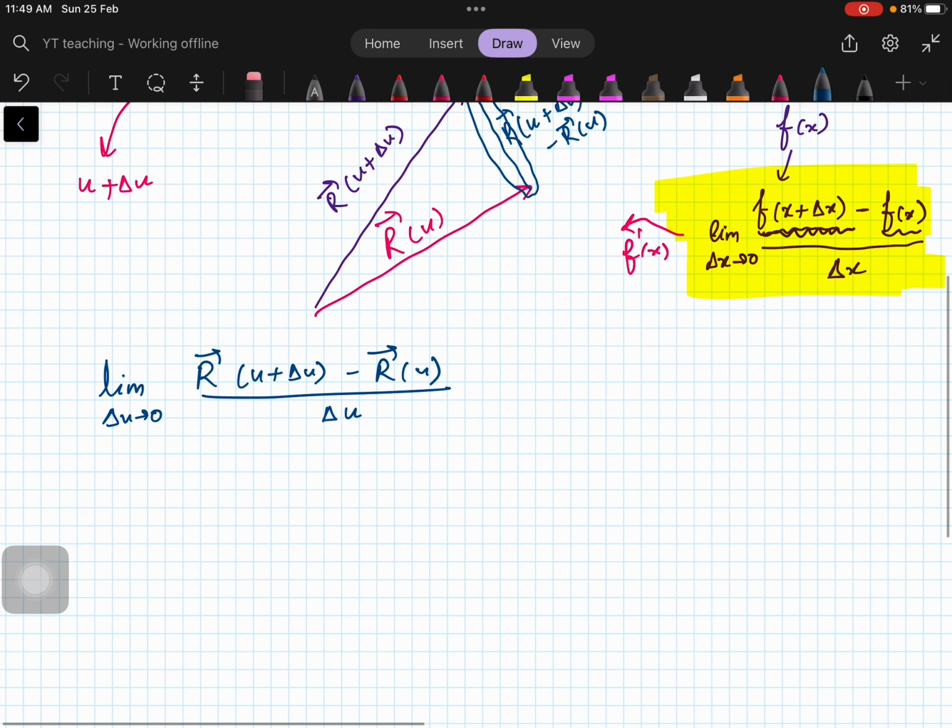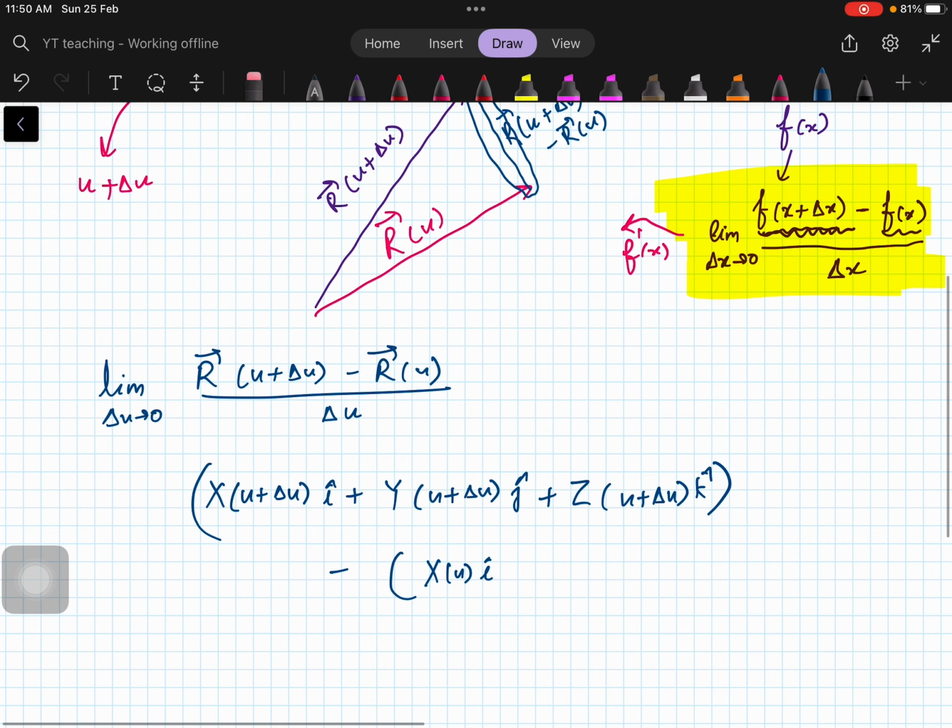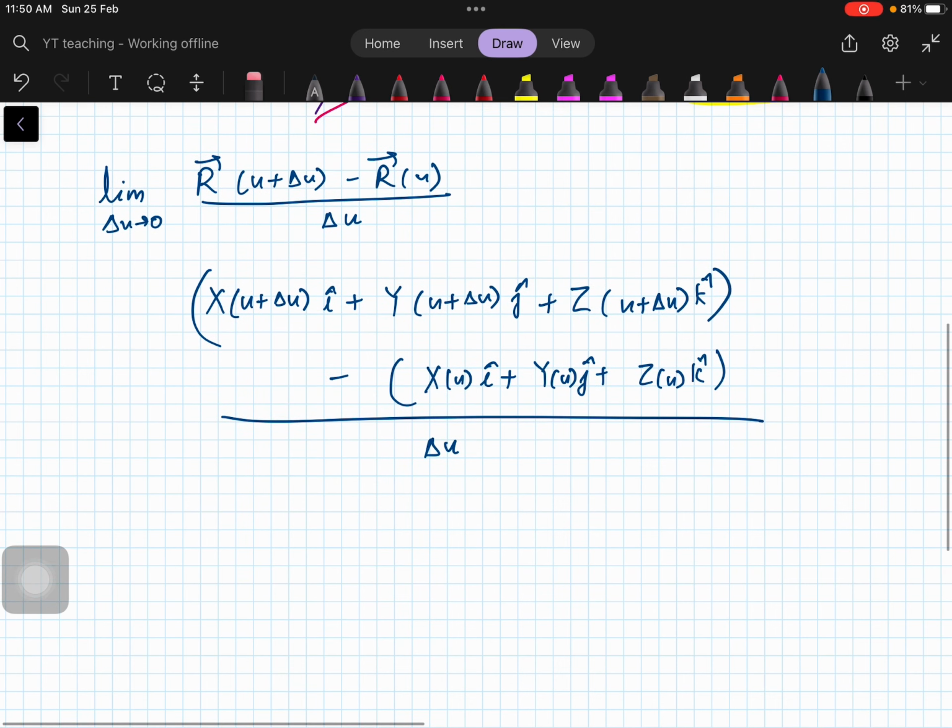So what will be that? That will be x(u plus del u) i cap plus y(u plus del u) j cap plus z(u plus del u) k cap minus x(u) i cap plus y(u) j cap plus z(u) k cap, divided by del u, and limit del u going to 0. Now you can separate, right?